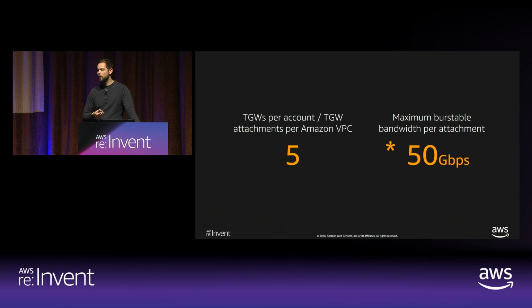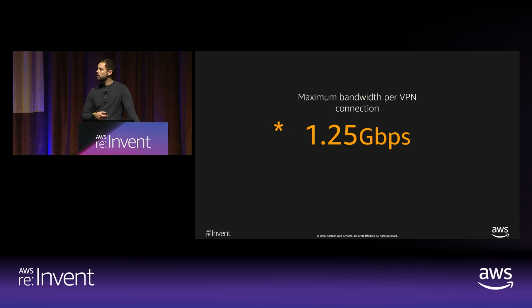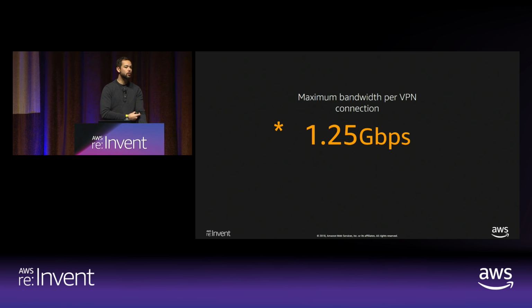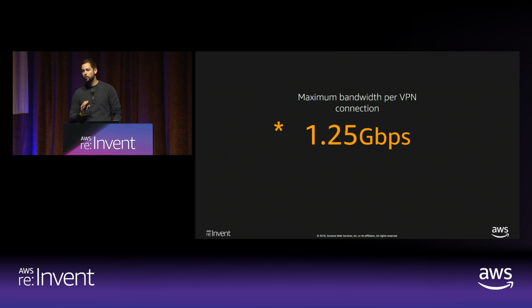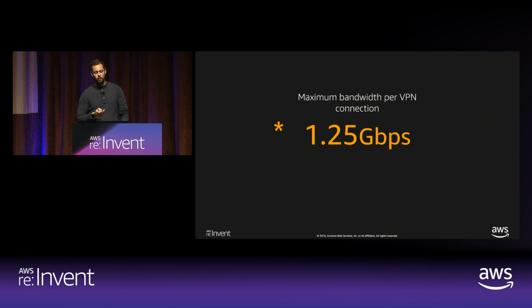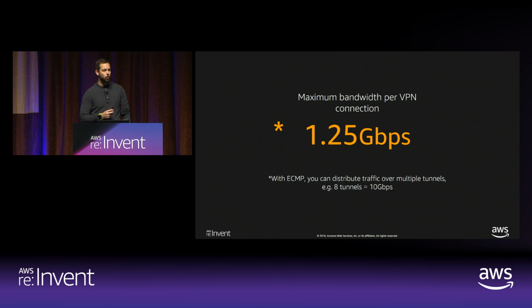If you think about the VGW and VPN, that could only do 1.25 gig with a total of just above 4 gig. Maximum bandwidth per VPN connection: if you do configure VPN connections to a TGW, the maximum bandwidth is still 1.25 gig. However, because we do support equal cost multipath, you can configure multiple VPN connections to a single transit gateway.